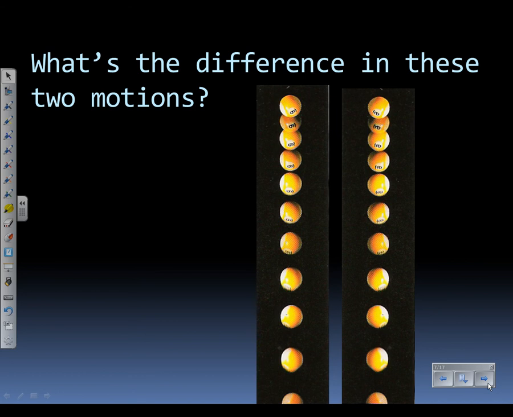What else could an object do if it has a 9.81 meters per second squared acceleration? It could change direction, or it also could slow down. So what's the difference between these two pictures? One's going up, the other one's going down. Will they look any different? No.